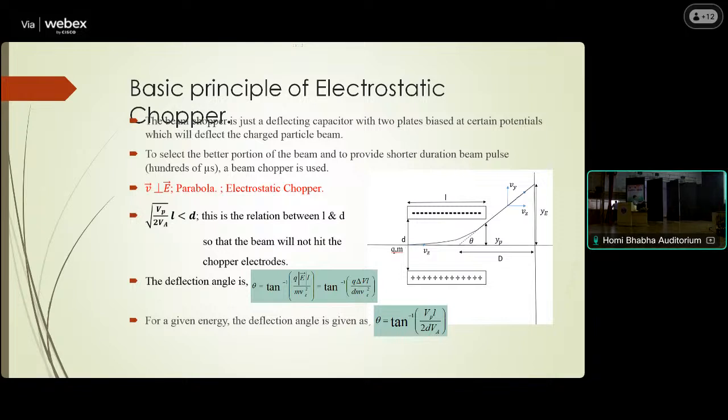That means Q into delta V, the potential difference between these two plates, and D is the gap between them. Now for a given energy of the beam, the deflection angle is theta equal to tan inverse of Vp L divided by 2d Va, where Vp is the plate potential and Va is the accelerating potential from which the charged particle is being accelerated.